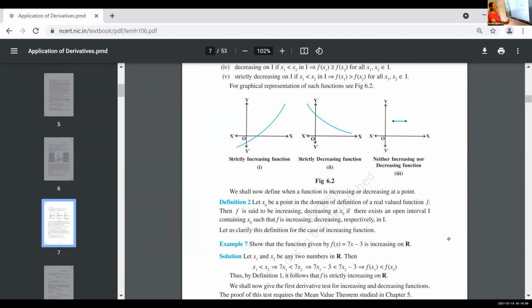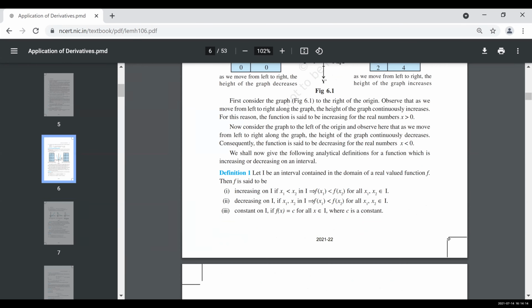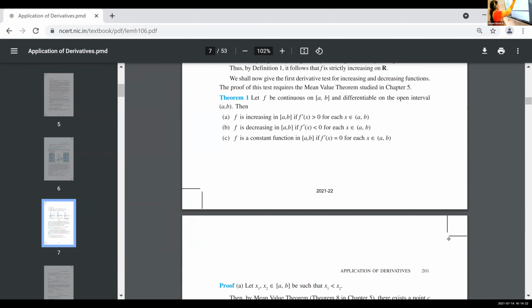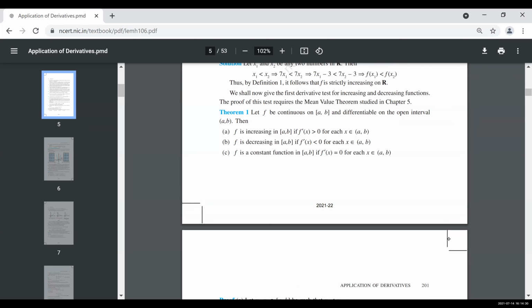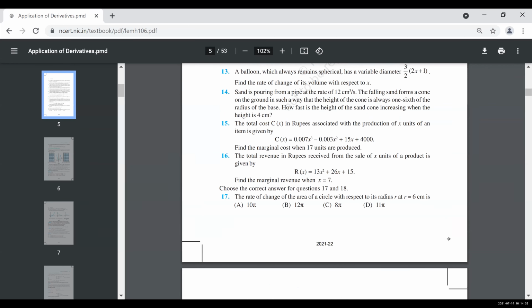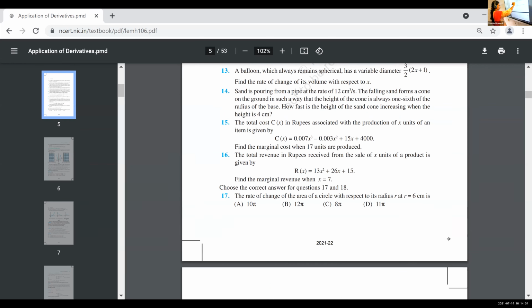Most of them are given exactly opposite. x1 is less than x2, this implies. Which one are you mentioning here? Conditions? Ma'am, 2 and 4.